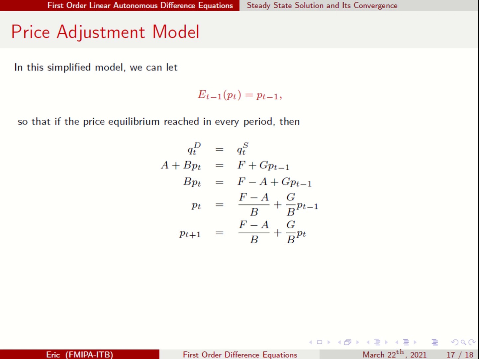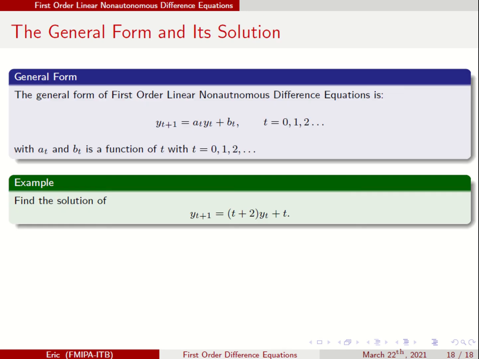Once you have found the steady state solution, you have to check whether it converges to the steady state solution or diverges. If it converges or diverges, you also have to know whether it converges monotonically or oscillatory, or diverges monotonically or oscillatory. The general form is the non-autonomous one, but we won't discuss this. You can look at it in your textbook.